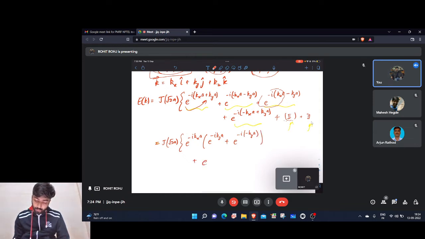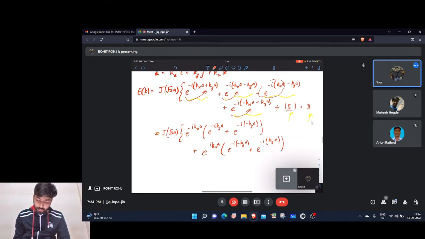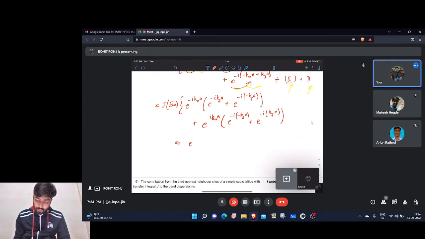And from the other two terms that are missing, if I take out again e raised to the power plus i kx a, I'm left with e to the power minus i minus ky a plus e to the power minus i ky a. It solves to e to the power minus.